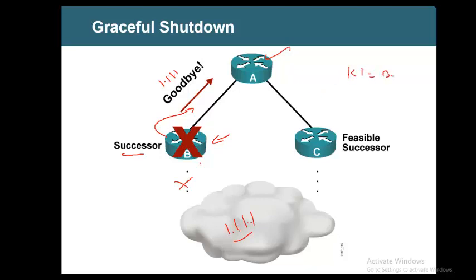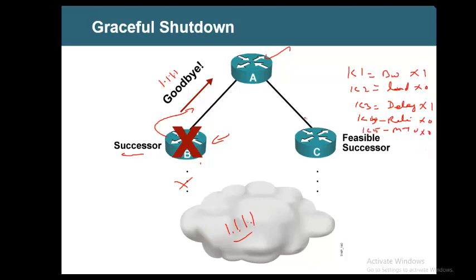K1 is bandwidth, K2 is load, K3 is delay, K4 is reliability, K5 is MTU. Usually we multiply bandwidth by 1 and delay by 1. All the rest are multiplied by 0.